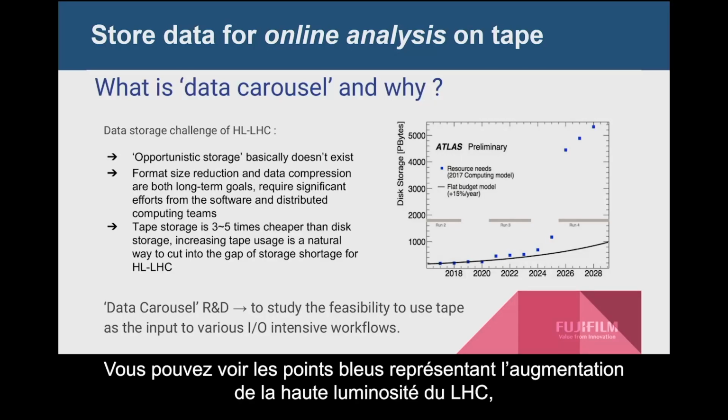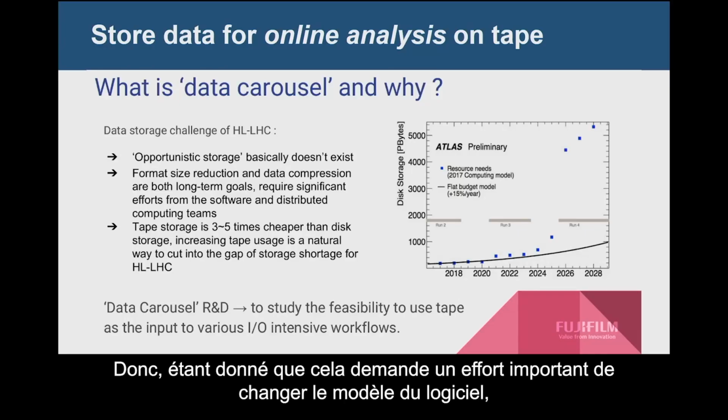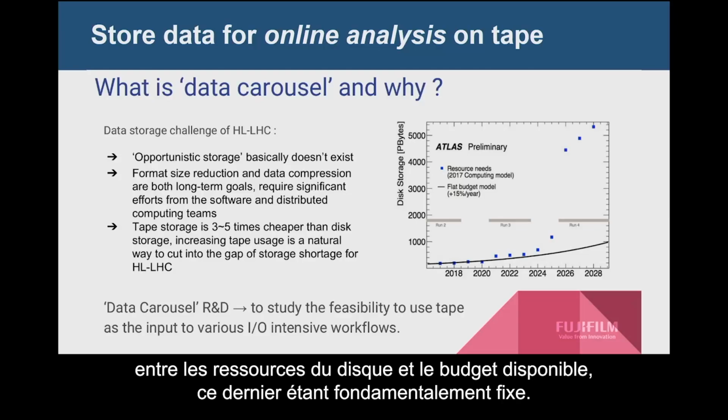You can see the blue dots for the high luminosity upgrade of the LHC, it just explodes exponentially. Because it is a significant effort to change the software model, they are looking at different ways to mitigate this huge gap between disk resources and the budget available, which is basically flat.